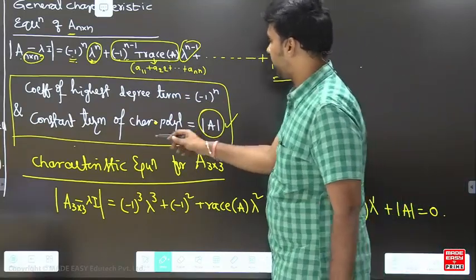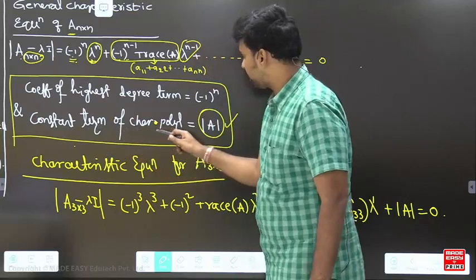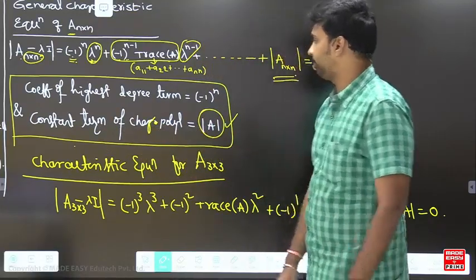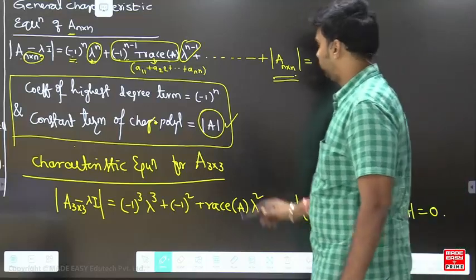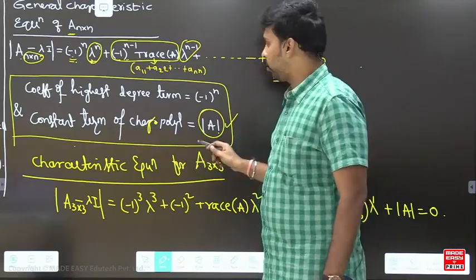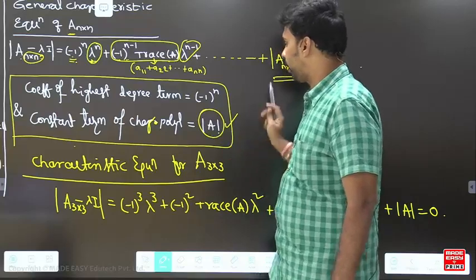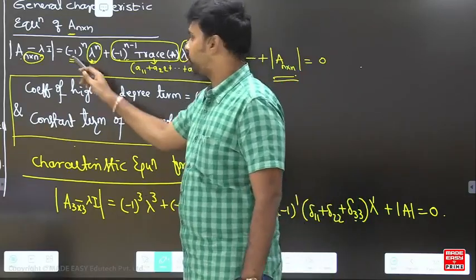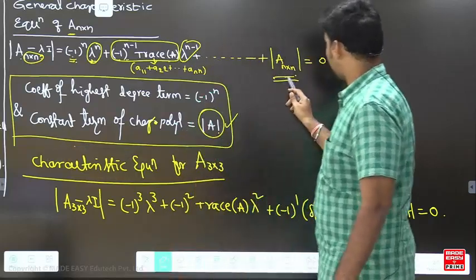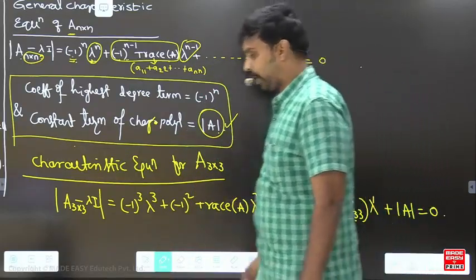Just write down the constant term of the characteristic polynomial, that is determinant of A. The constant term of the characteristic polynomial is equal to the determinant of A when the coefficient of the highest degree is minus 1 whole power n.